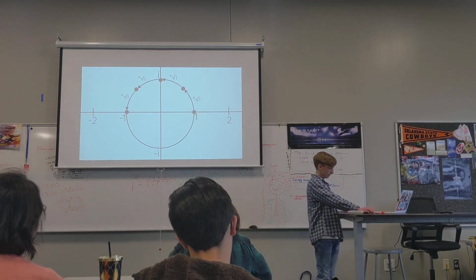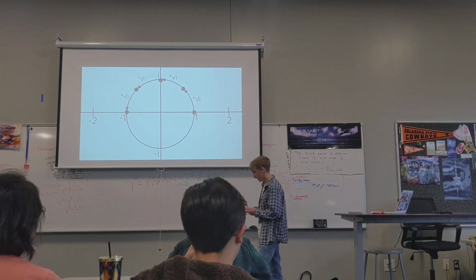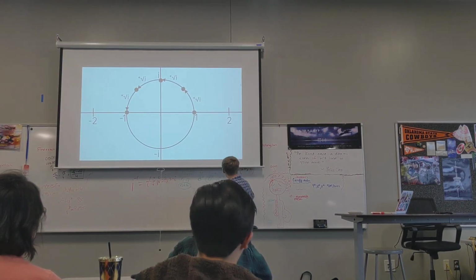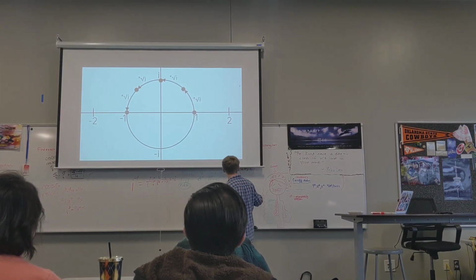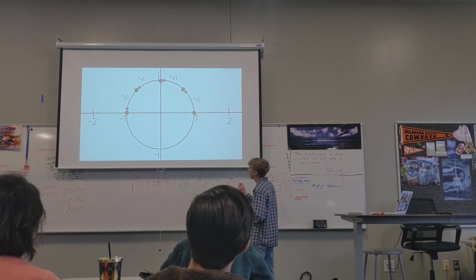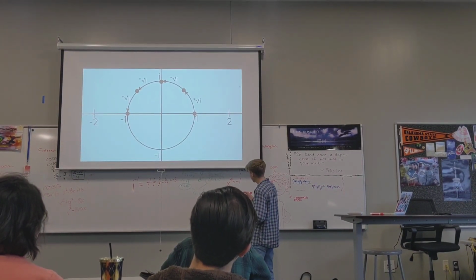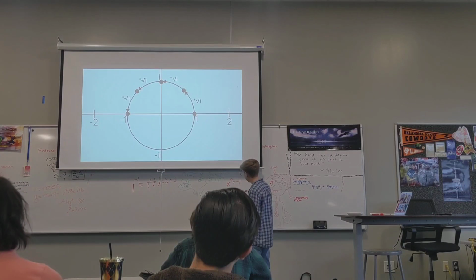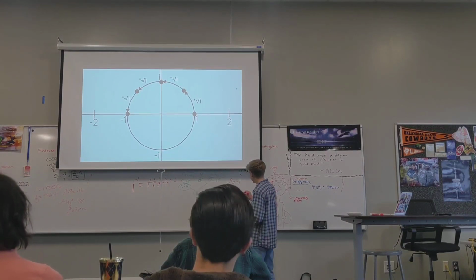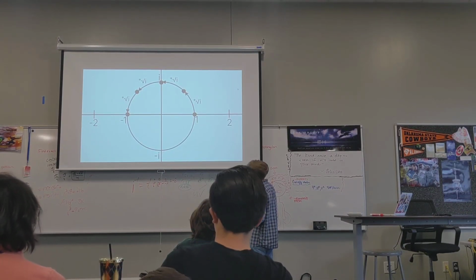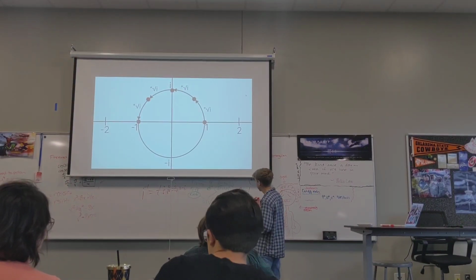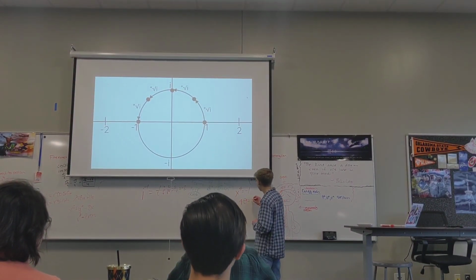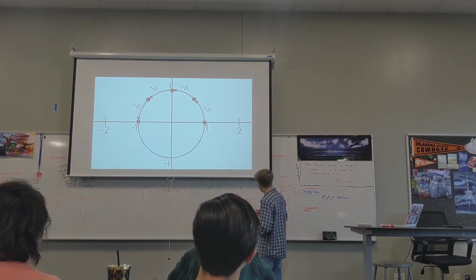For example, if we had x to the 4th is equal to negative 1, which is where this comes from, then we're looking for an angle that when multiplied by 4 gives us pi radians, or 180 degrees. So I'm going to say pi.